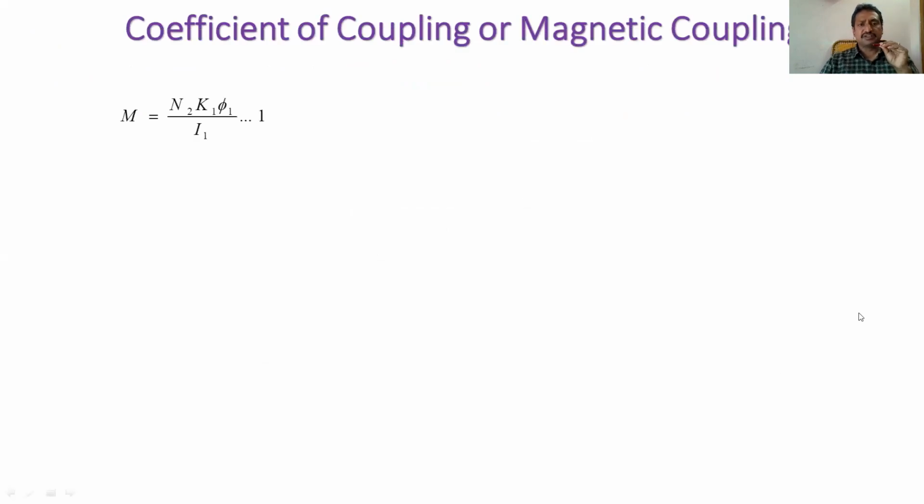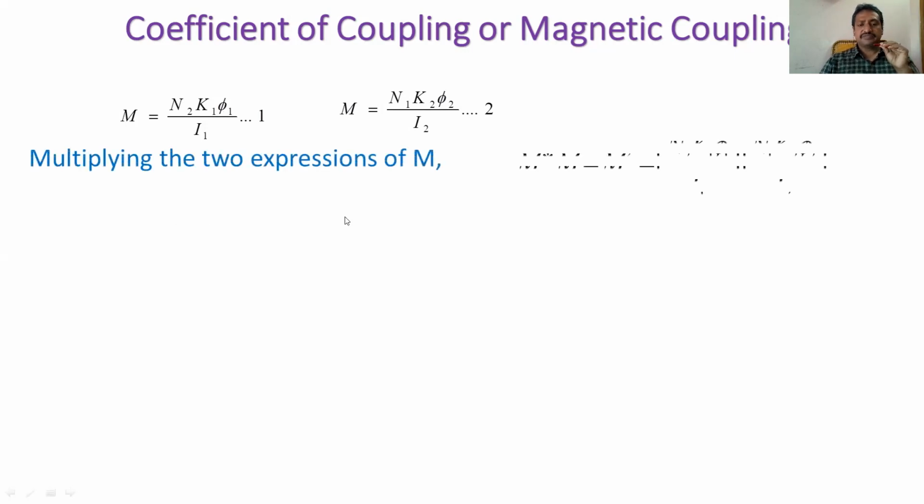Next, we'll go to the coefficient of coupling, also called magnetic coupling, represented with the letter K. With respect to the primary side, if you give the excitation, the mutual inductance is M = N2 phi1 by I1. If the excitation is on the secondary side, the mutual inductance is M = N1 phi2 by I2. Multiplying these two expressions of M, we get M squared = N2 phi1 by I1 times N1 phi2 by I2.